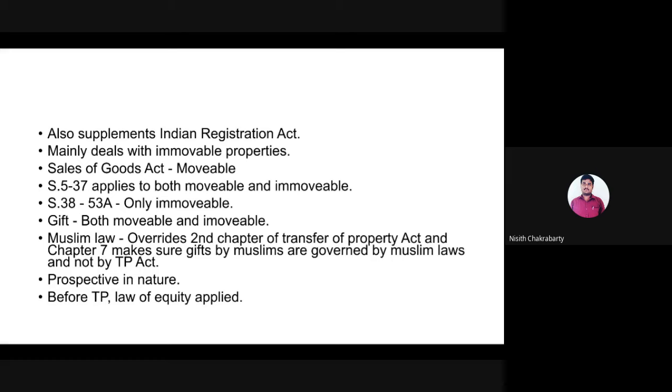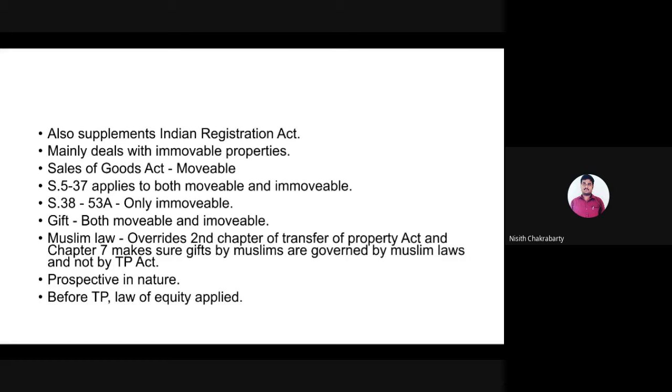Section 4 also says that it supplements the Indian Registration Act. But we also have to know that it mainly deals with immovable property. When I say it mainly deals with immovable property, that goes to show that it also deals with movable property in some chapters. There are parts of the Act which deal with movable property, like sections 5 to 37, which apply to both movable and immovable.